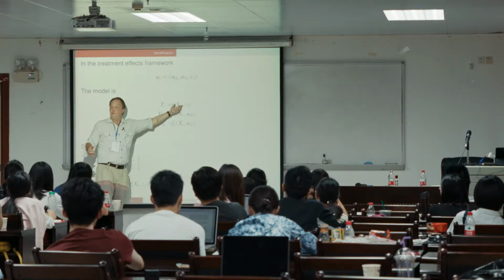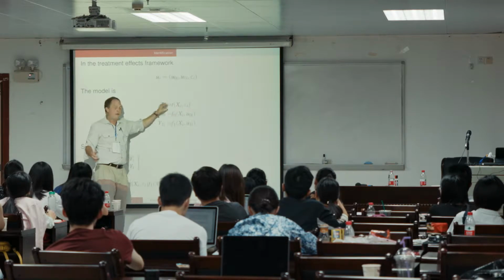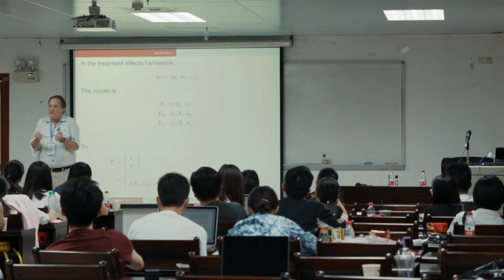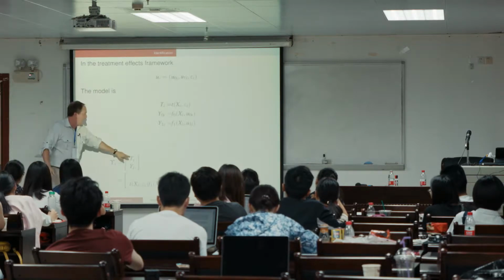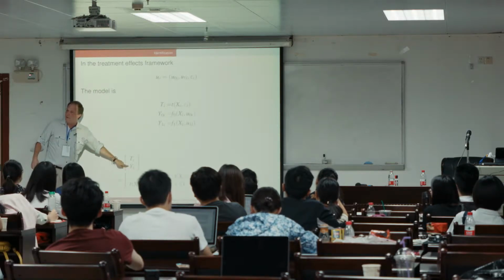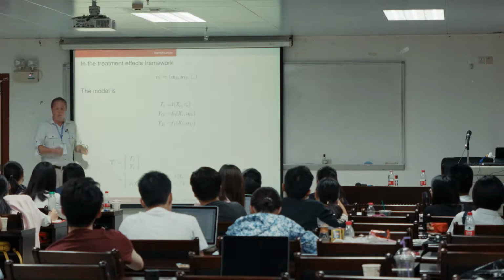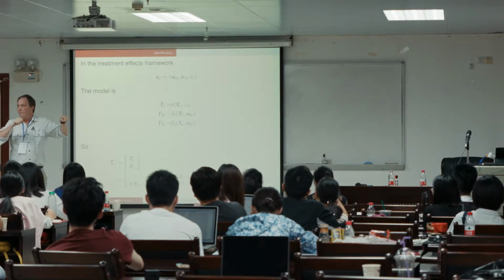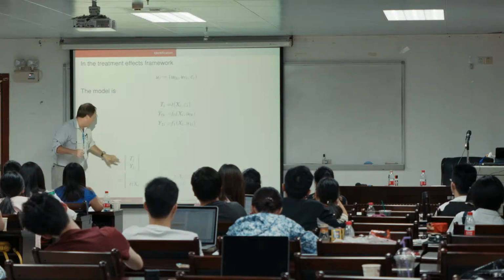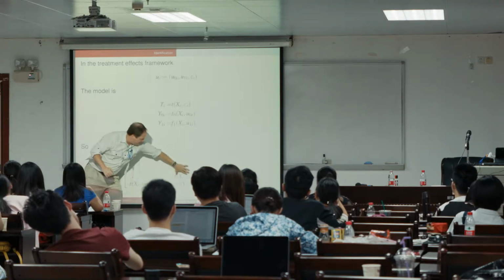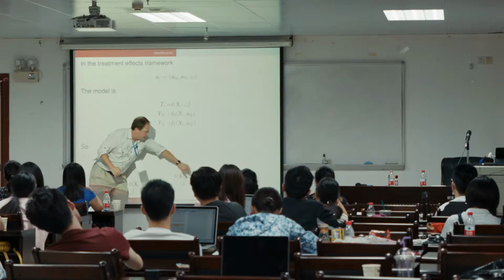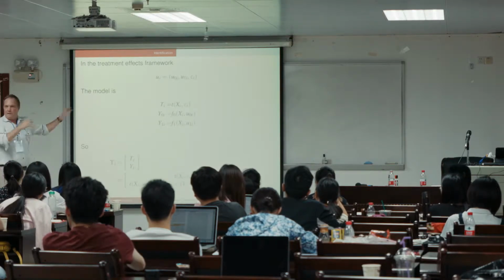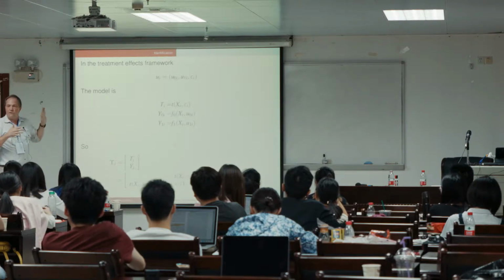We can think about this t function as picking that up. The epsilon I is going to be the observable data. What do I get to observe in this data? I get to observe ti, and I get to observe yi. If you remember, yi is y1 if I get the treatment and y0 if I don't get the treatment. So epsilon I is this function of the observables and the unobservables. So there is the treatment effect model in my little identification notation.